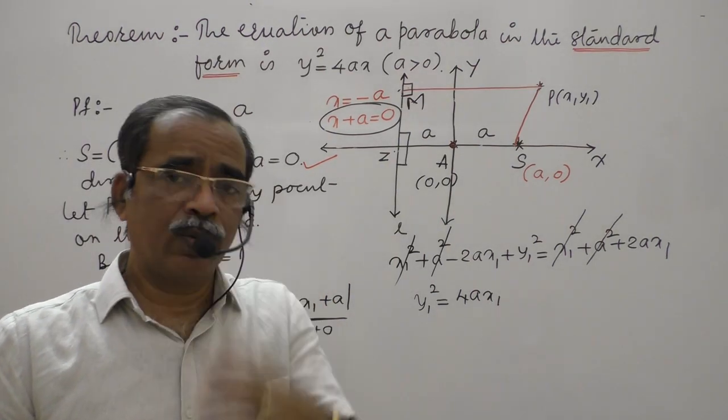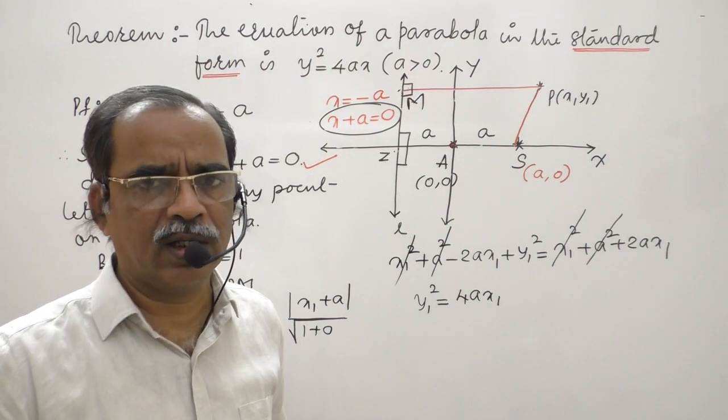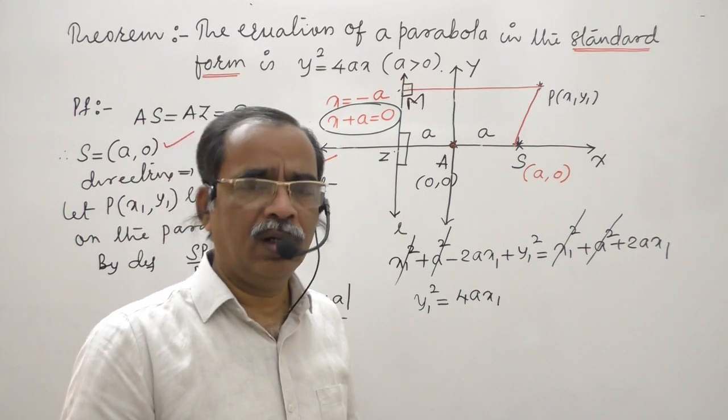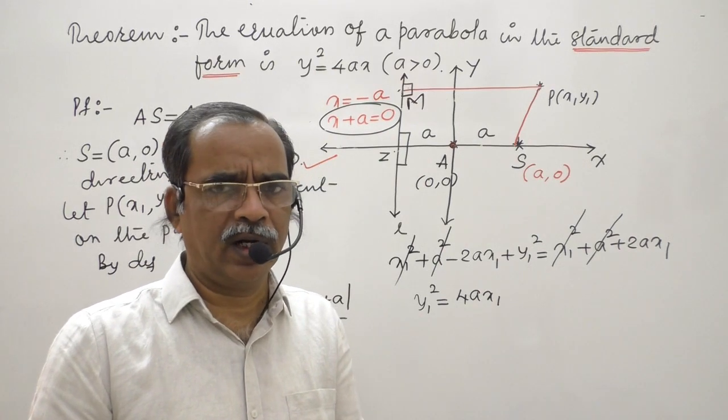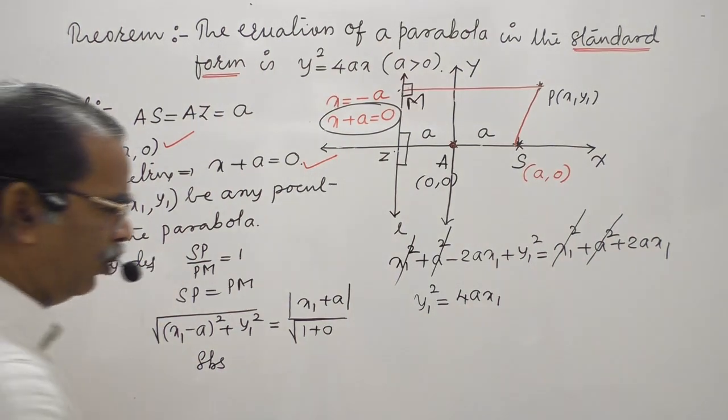Since it is a locus problem, in locus problems, finally we have to generalize the problem. That means replacing x1, y1 by x and y, we will be getting the locus. Here what is the locus? Locus is parabola.